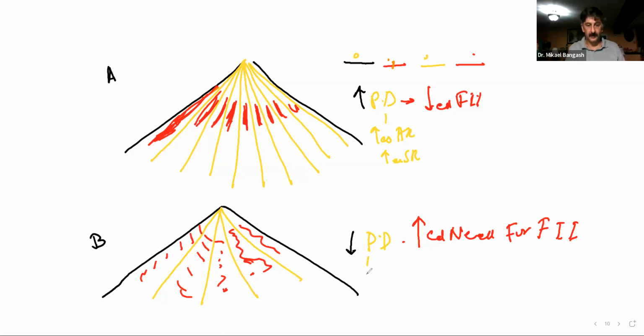It leads to poor axial resolution, and likewise poor spatial resolution. Did that make sense?